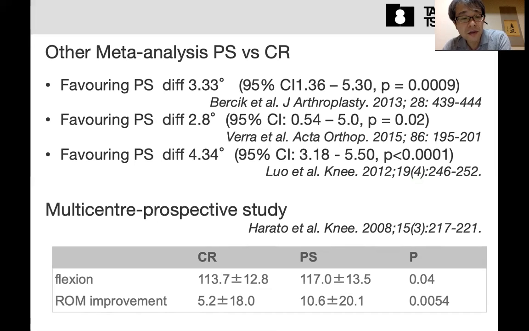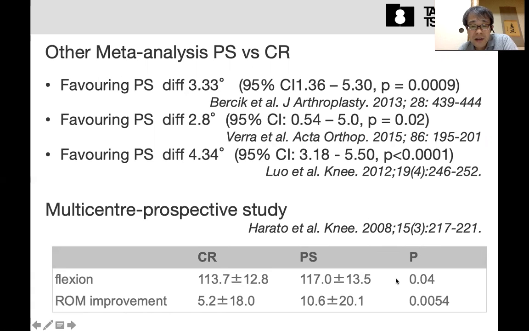So there are so many meta-analysis studies, and this is a multi-center prospective study comparing the CR and the PS. This is the absolute flexion angle after the TKA. I don't remember, but it was around 1 or 2 years postoperatively.